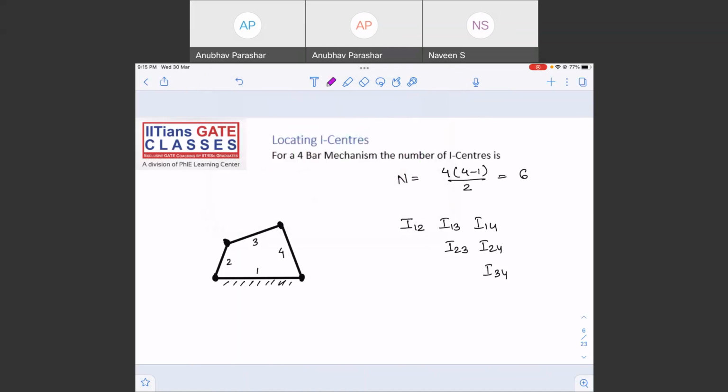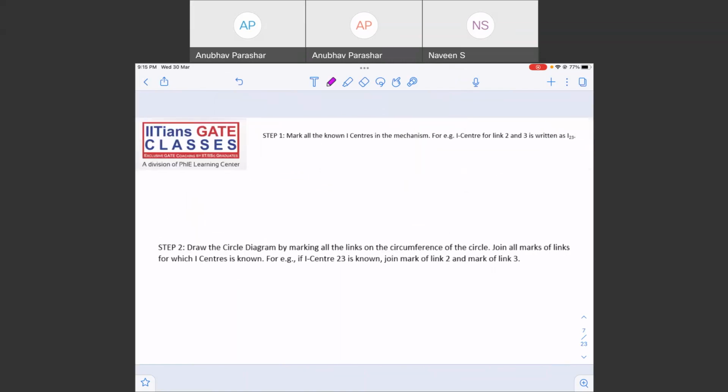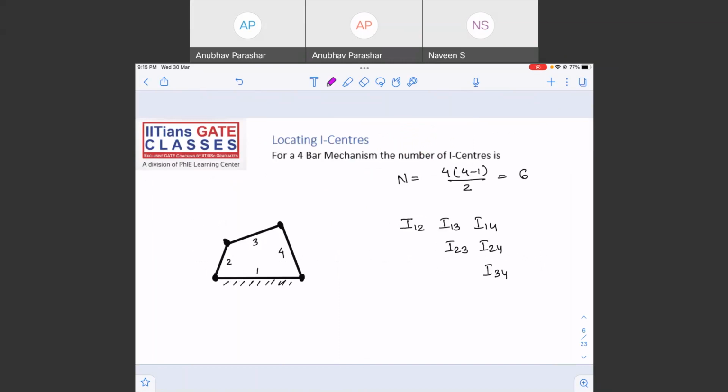So there is a proper method to determine the eye centers. Let us first see which of the eye centers we already know. We know these are all turning pairs. We know eye center I12.